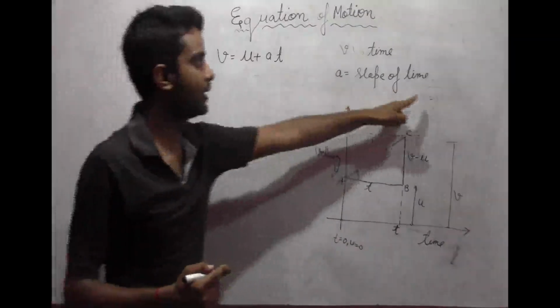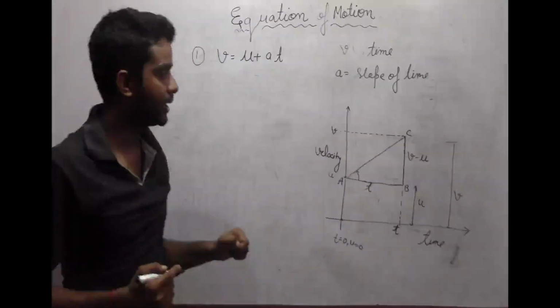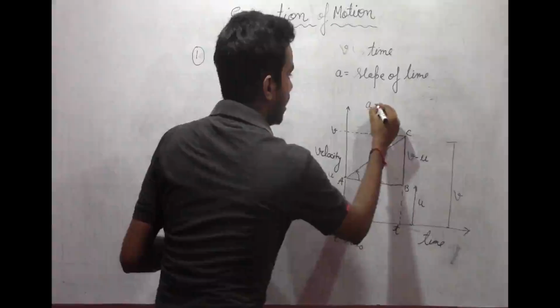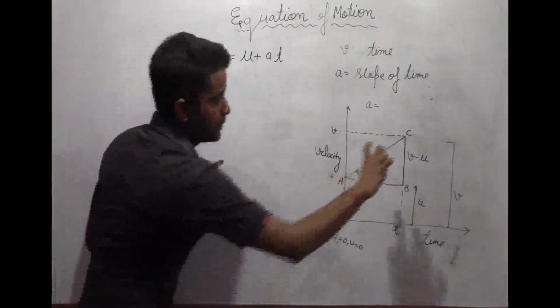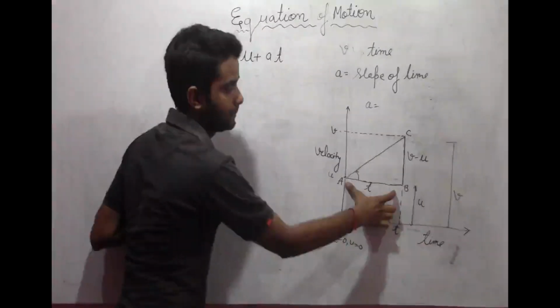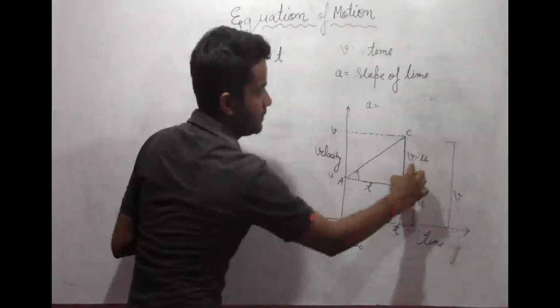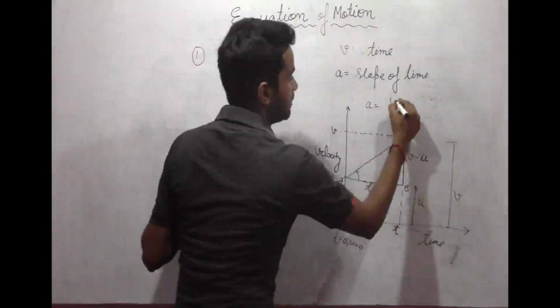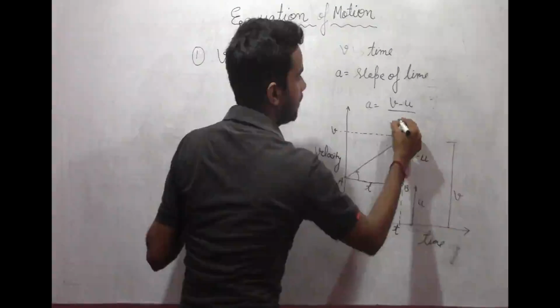By the slope of the line. a is equal to slope. Slope is equal to this distance upon this distance. What is this distance? v minus u, and what is its distance? It is t. Then you can simply write a equals v minus u upon t.